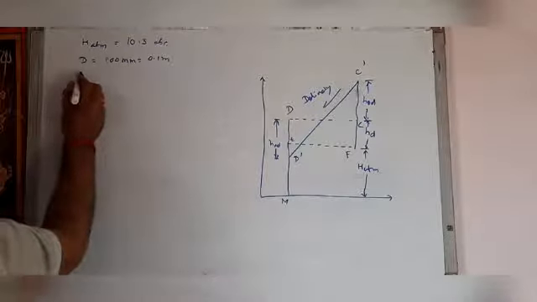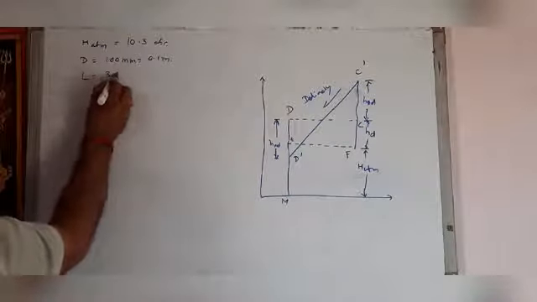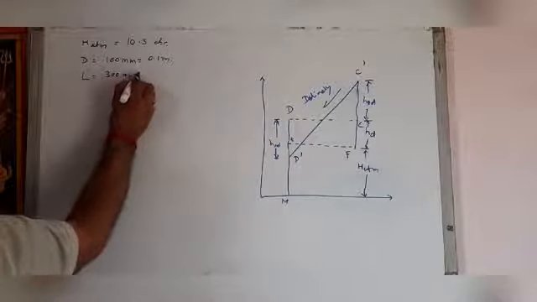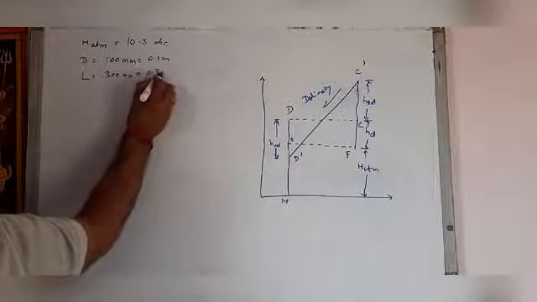Length of stroke is 300 mm, equal to 0.3 meter.